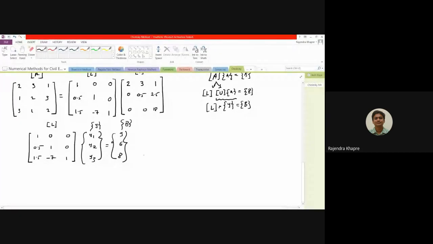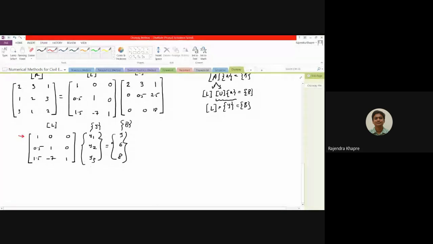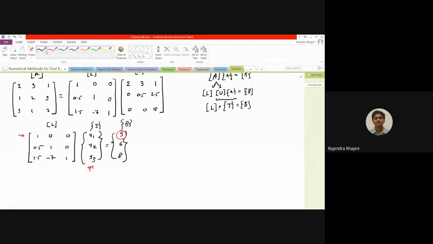Now you see things are pretty simple, because if you go for the multiplication, you can easily get the value of y1, y2 and y3. For example, if you multiply this particular row with this column, you should get 9.